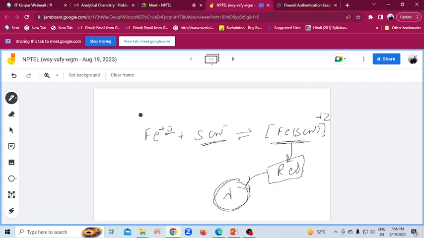Then the intensity of the peak is proportional to quantitative analysis, meaning how much iron is there. So first you qualitatively know that iron is there, then by the intensity of this peak you can say how much iron is present.